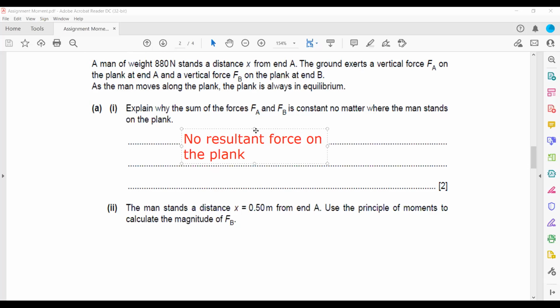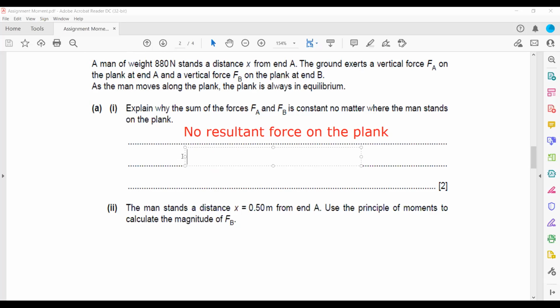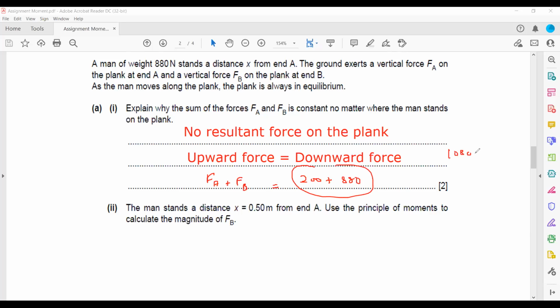If there is no resultant force, we can also say the upward force is equal to the downward force. What is the upward force? FA is acting upward, FB is acting upward. And what about the downward force? The downward force is the weight of the plank, which is 200, and the weight of the man, that is 880. So the total sum will be 1080 newtons.